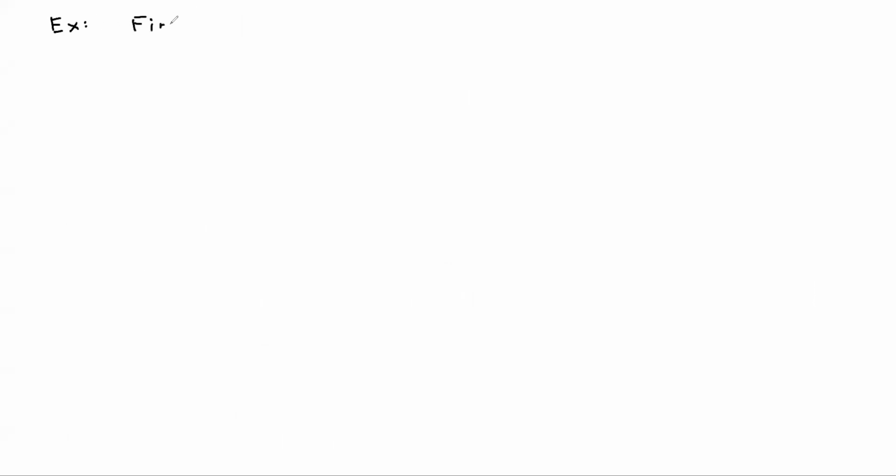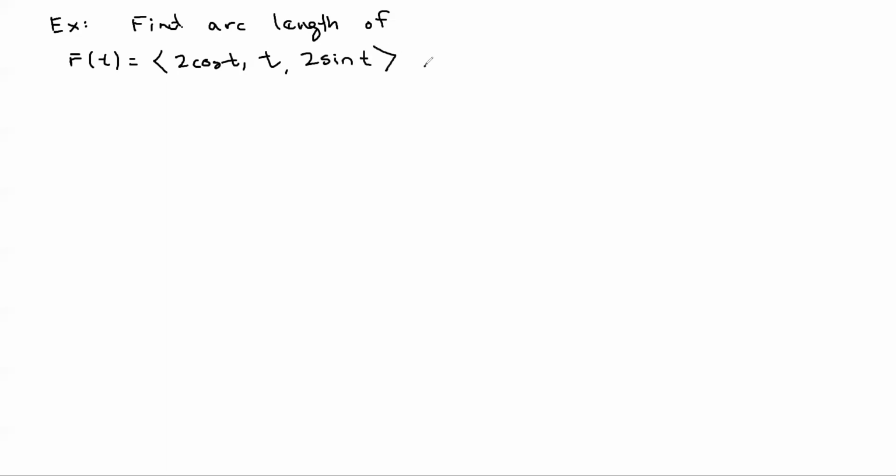So we want to find the arc length of r of t equals 2 cosine t, comma t, comma 2 sine t, from 0 less than or equal to t less than or equal to 2 pi.